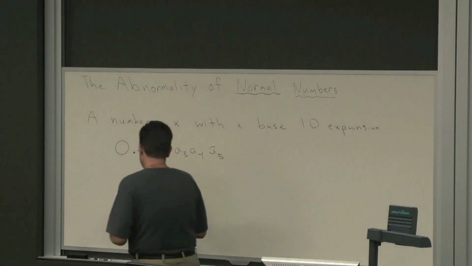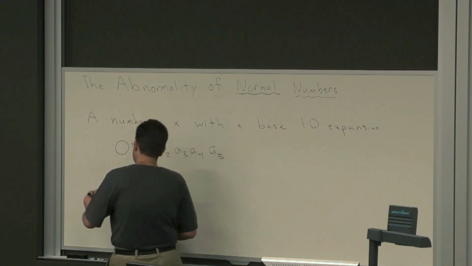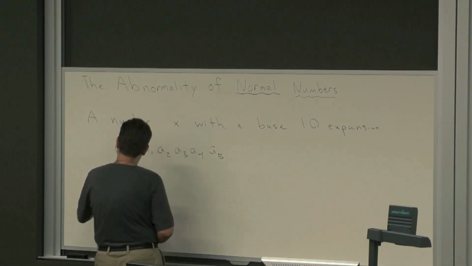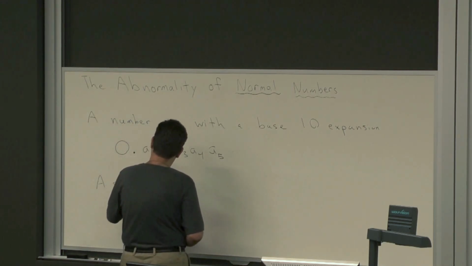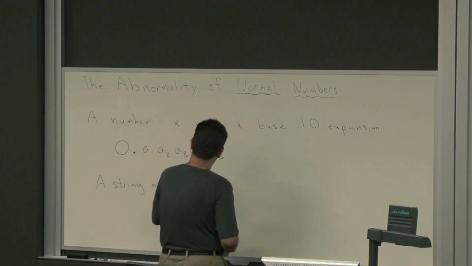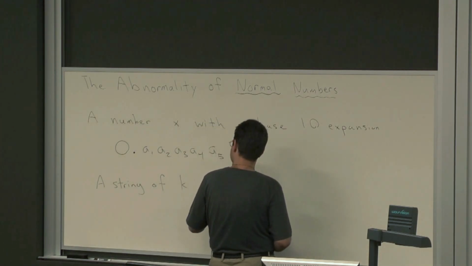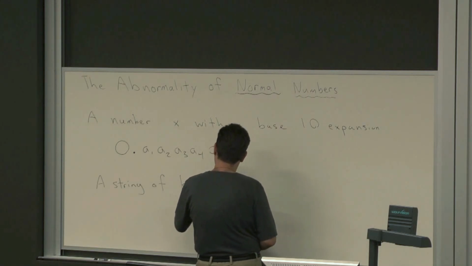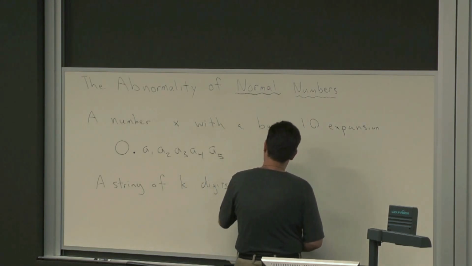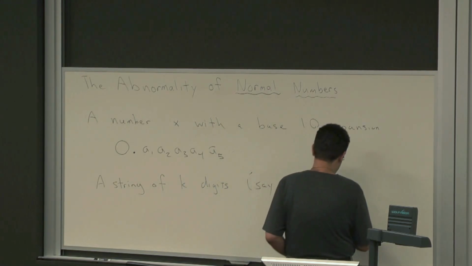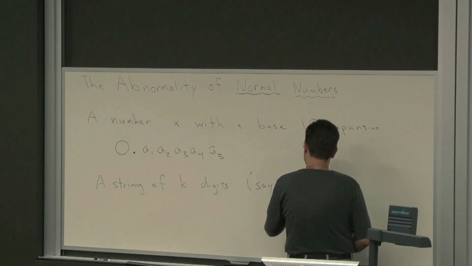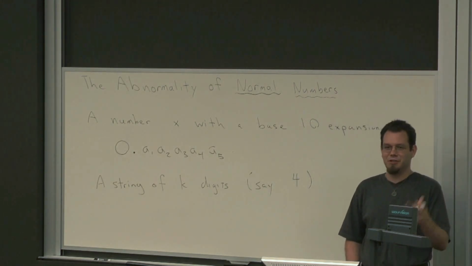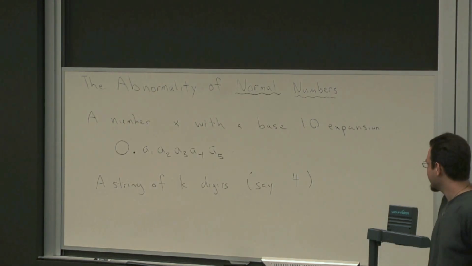And what does it mean to be normal? Well, if I pick a string of k digits, say I pick a very simple string, 4. A string of digits, it's only one digit long.